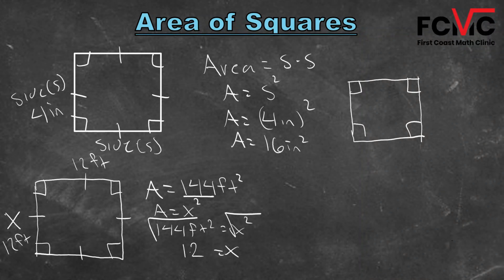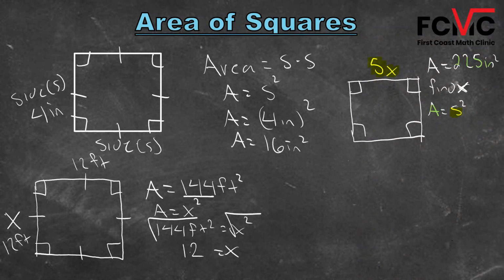And in this example, let's say our side length is 5x, and we know our area is 225 inches squared. We want to find x, and then see if we could figure out our side length as well. So we know that our area is equal to our side squared. So our side in this case is that 5x.